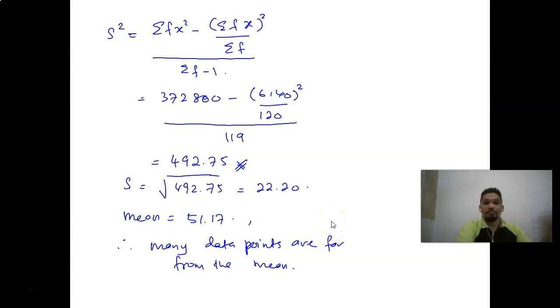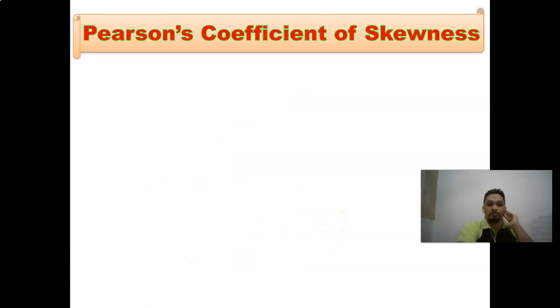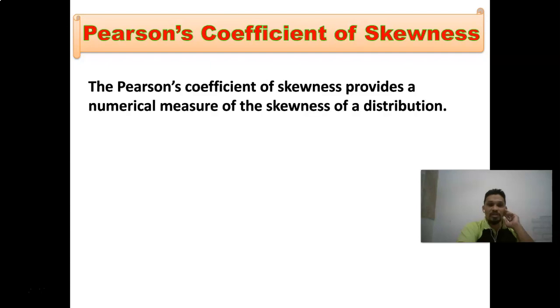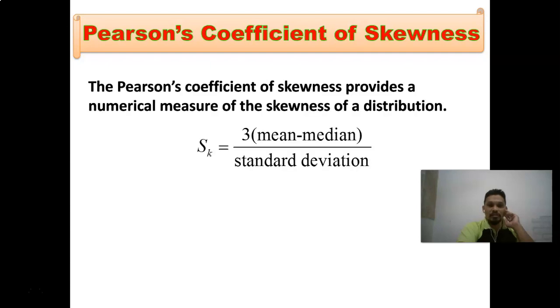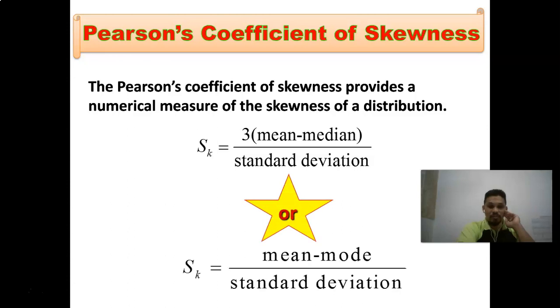Then next, the Pearson coefficient of skewness equals, with the formula, 3 times mean minus median divided by standard deviation, or mean minus mode divided by standard deviation.